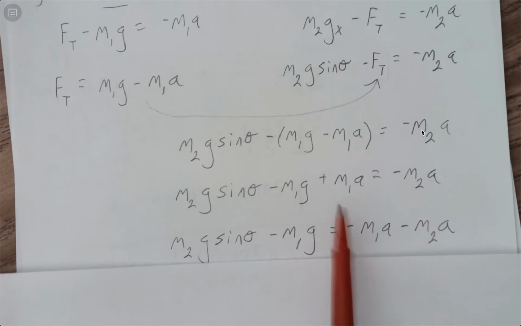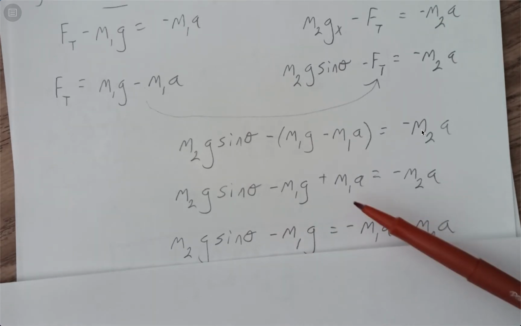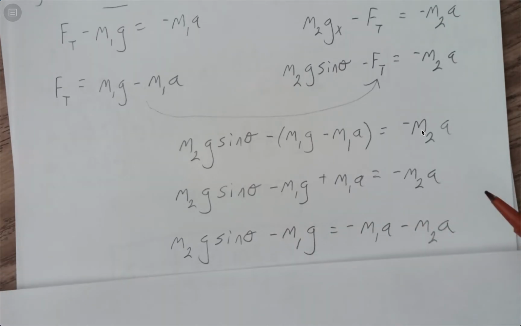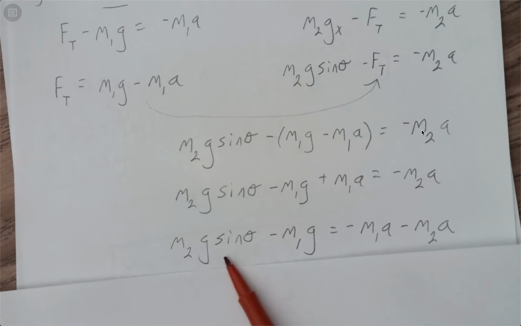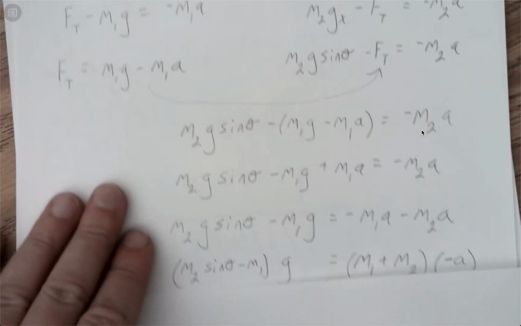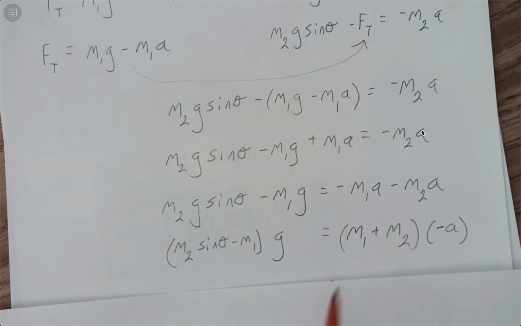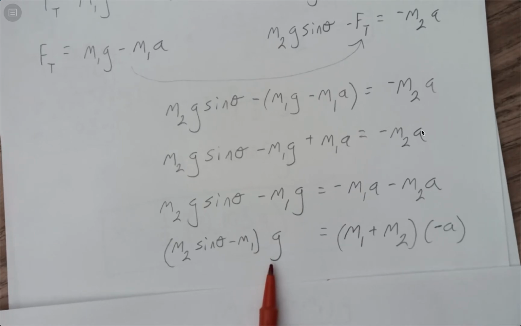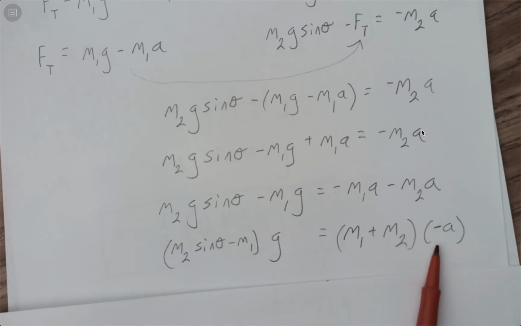I'm going to move this m1 times a to the other side. I want to get all the acceleration on one side of the equation and keep the g's on the other side of the equation, because now we have m2 g sine theta minus m1 times g. That equals this negative m1 times a, negative m2 times a, where I'm able to now pull out the g and pull out this a, where this a is then a negative sum of the masses.